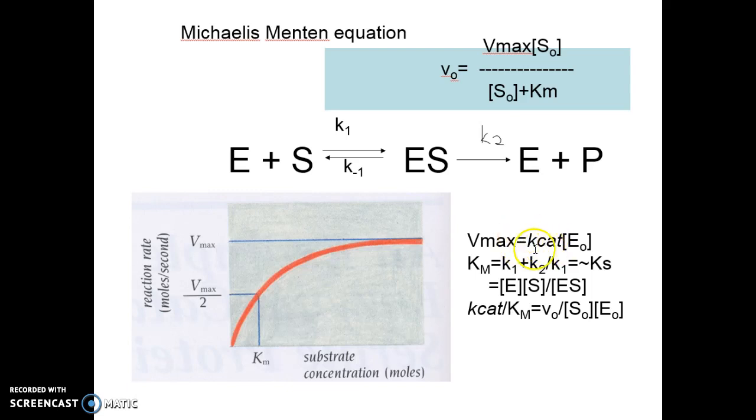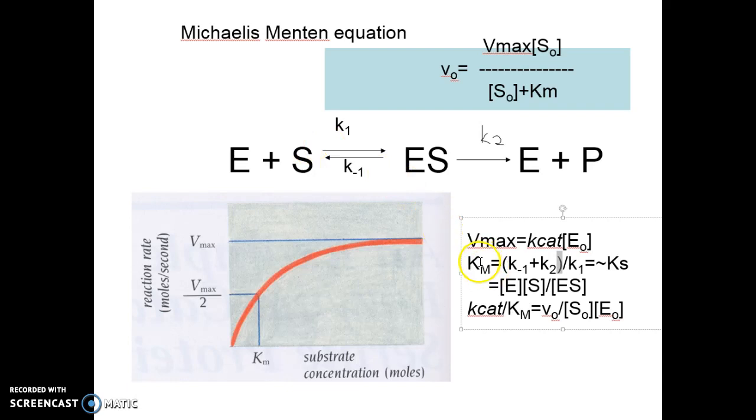So kcat can be defined as Vmax divided by the enzyme concentration. Vmax is the catalytic activity at very high concentration of substrate. Km is expressed by this equation, where you can see the rate constants for three reactions.